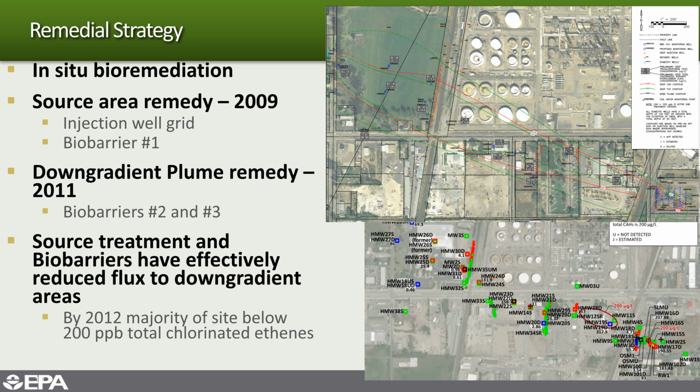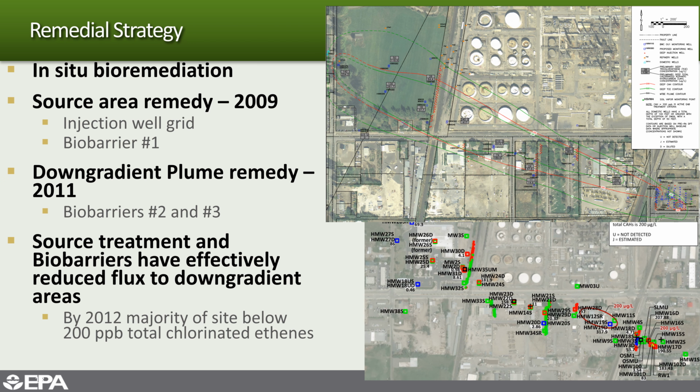So down here in the source area, the installation of BioBarrier 1 and some of the injections and the well grid for those injections started in 2009. 2011, moving down to BioBarriers 2 and 3. And ultimately, the source treatment has been quite effective at reducing the flux. In fact, by 2012, the majority of the site had total chlorinated ethenes below 200 parts per billion.